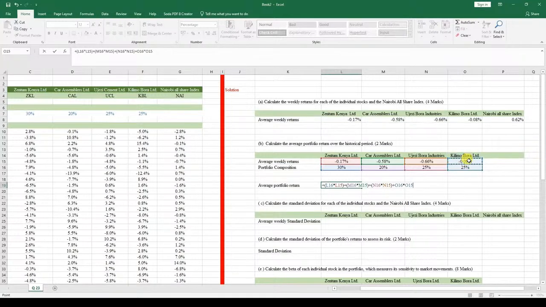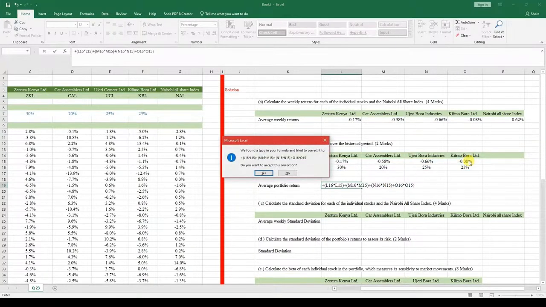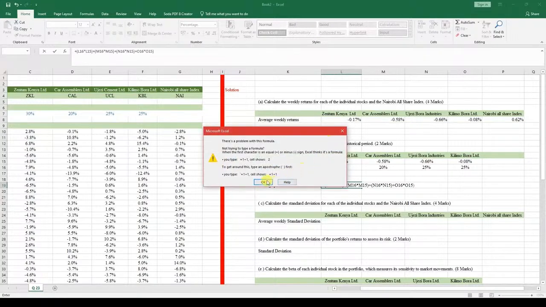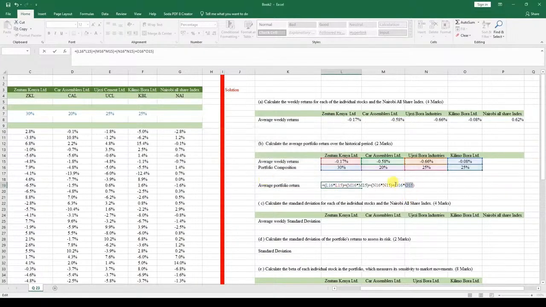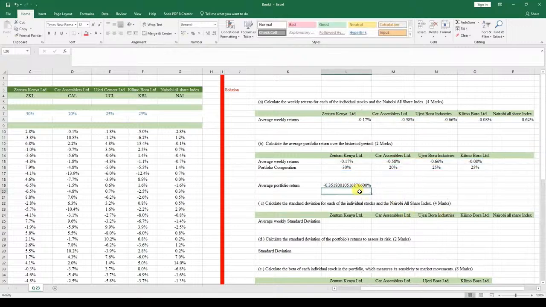Close the bracket, and we enter. I think I didn't put an open bracket here. That's why it's giving me those values there. So we open a bracket over here, and once we close it like that and enter, it will actually be okay.